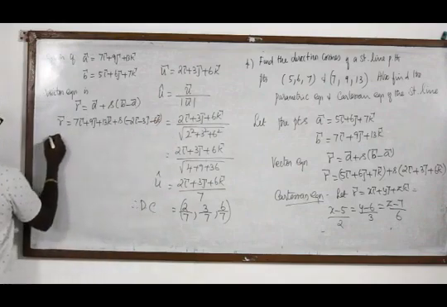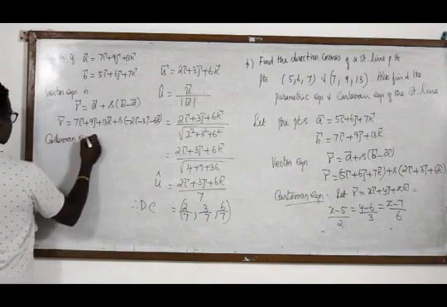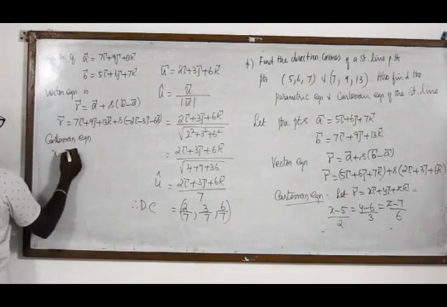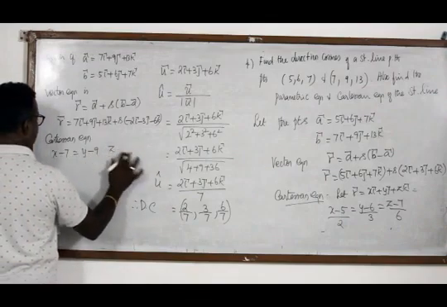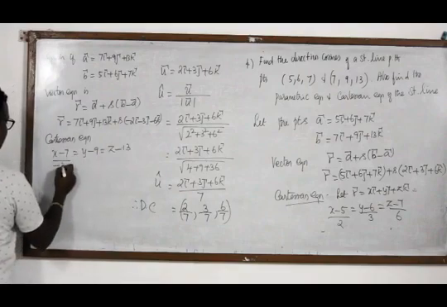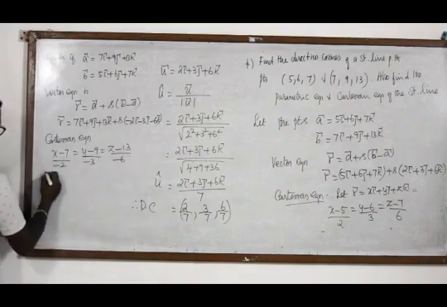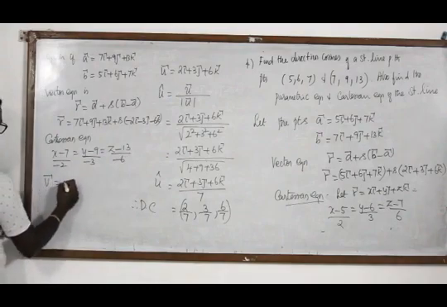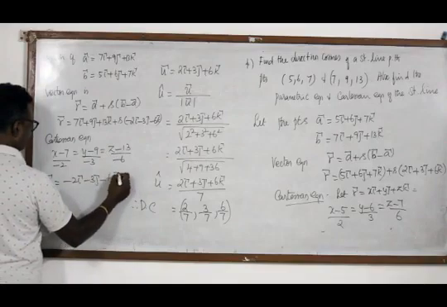Then in this case, the Cartesian equation is x minus 7, y minus 9, z minus 13, by minus 2, by minus 3, by minus 6. Here the vector I shall take as minus 2i, minus 3j, minus 6k.